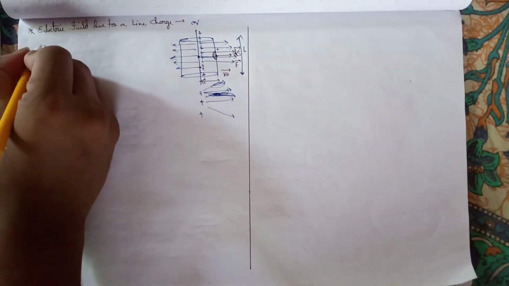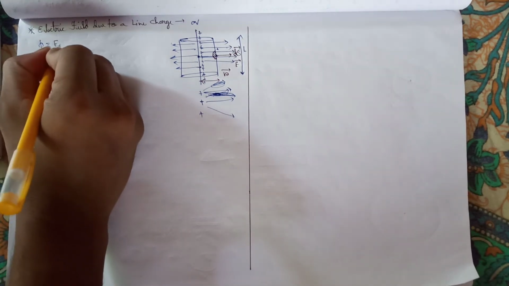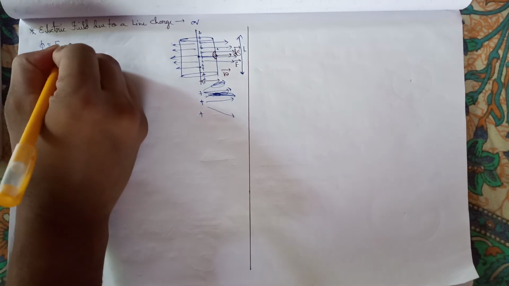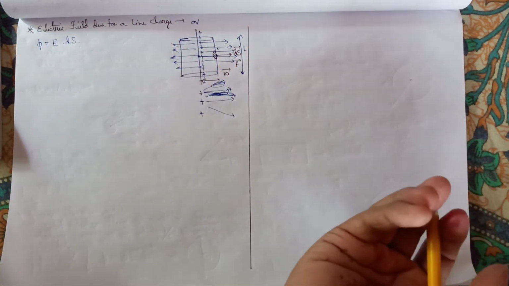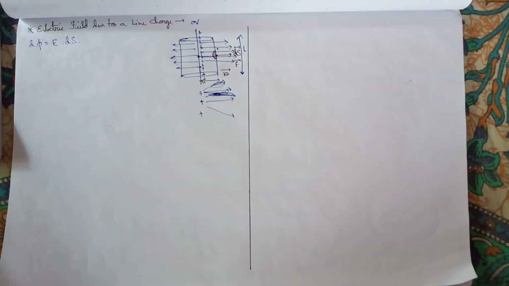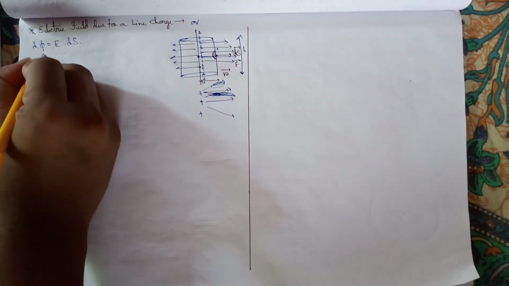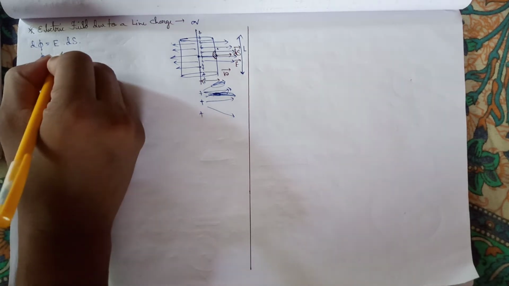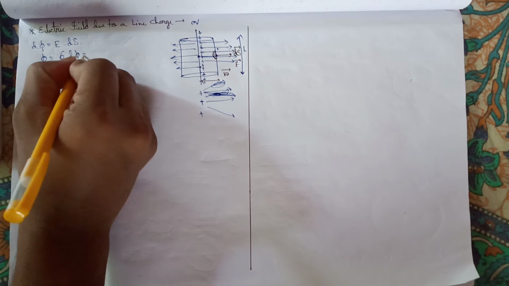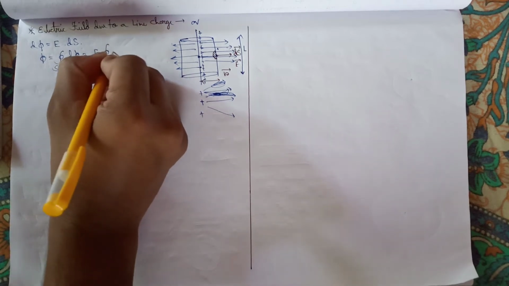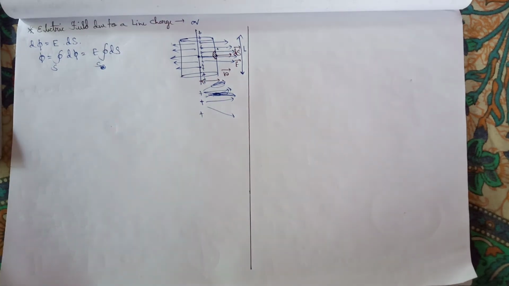So we can easily find the flux: d phi equals E dot dS, and cos 0 degree is 1, so it will be E dS. The total will be phi equal to the surface integral of d phi.